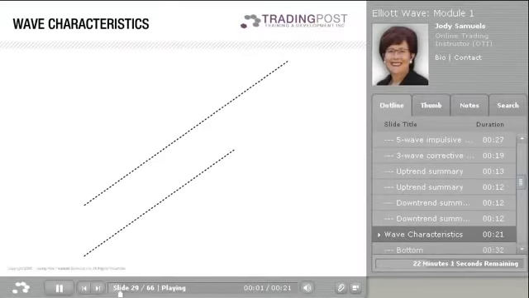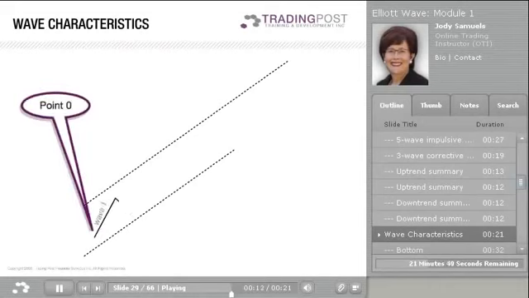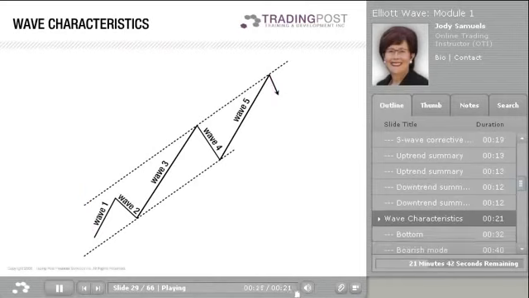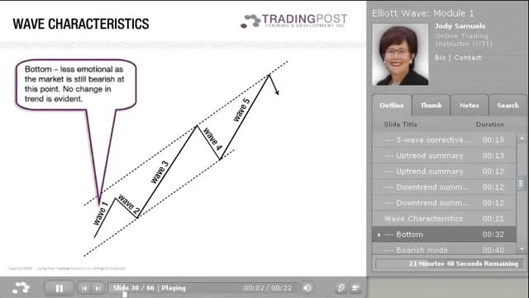Wave characteristics are a direct reflection of human market behavior. Wave personalities exist at every level of the wave count. We call the start of wave 1 point 0. Where the five-wave impulsive sequence ends is called point T for termination. Between point 0 and the end of wave 1, the market is still bearish.